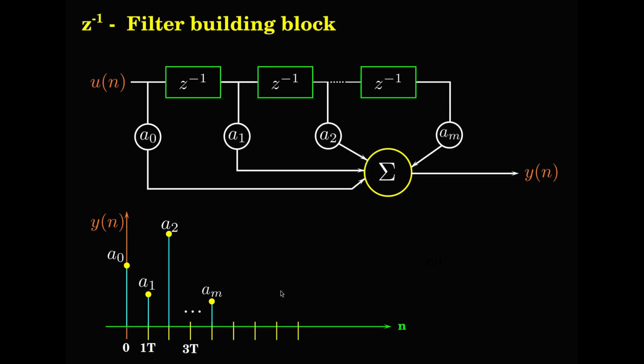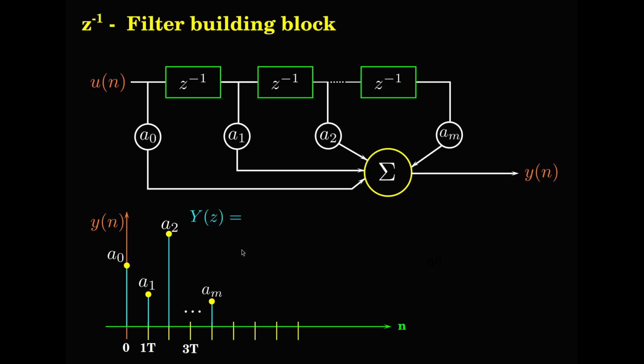The output is there only up to M sample times, which is a finite number of sample times indicated by the finite number of unit delay blocks. Therefore, this is called a finite impulse response filter, FIR filter.